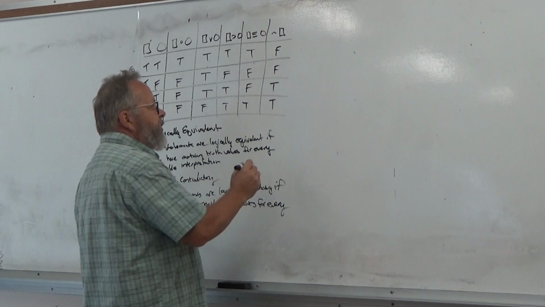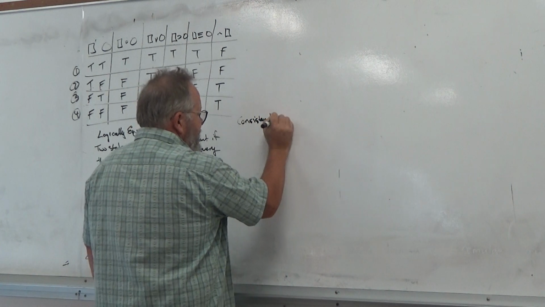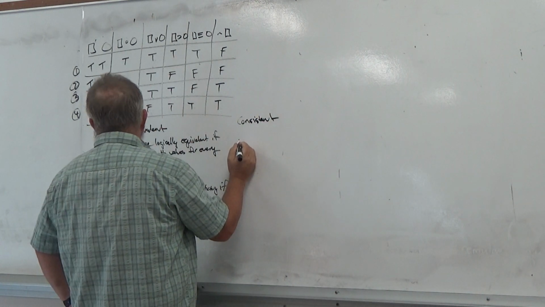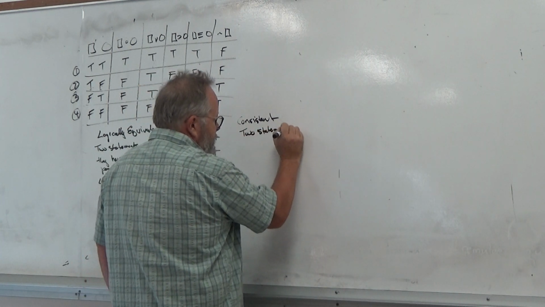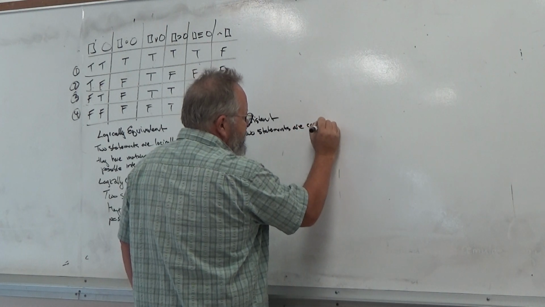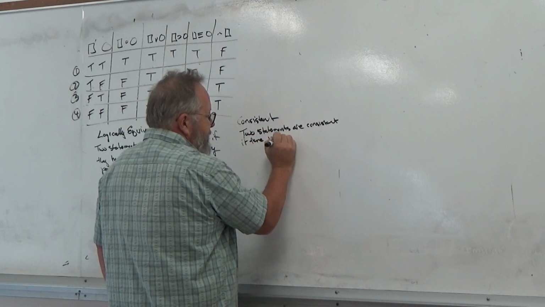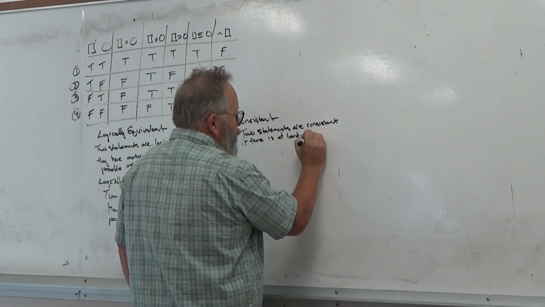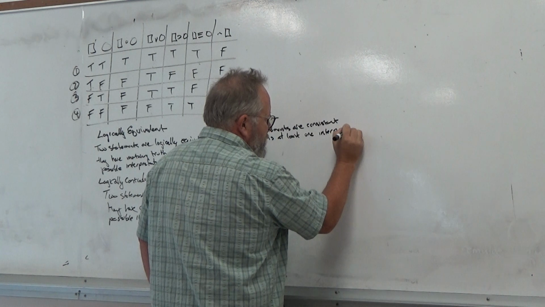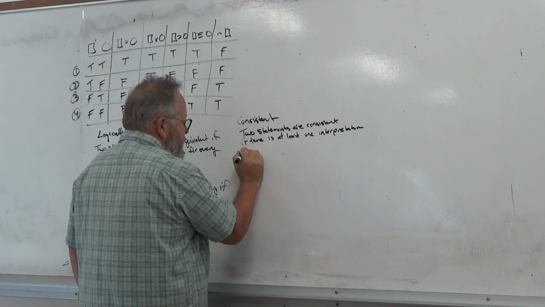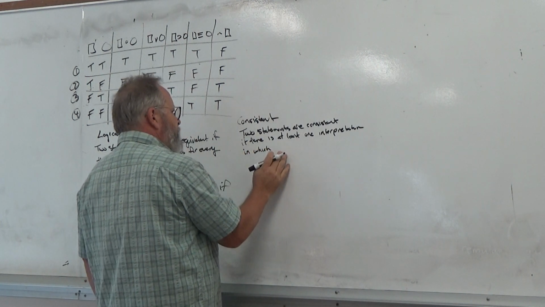And then there's two other terms that we need to talk about, and that is consistent and inconsistent. So, two statements are consistent if there is at least one interpretation for which both are true.